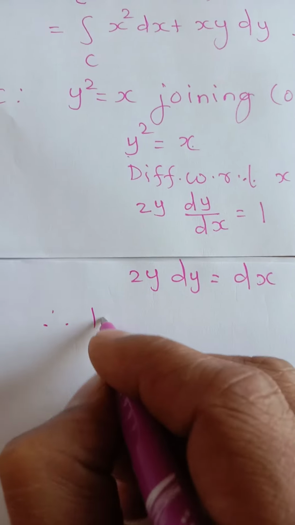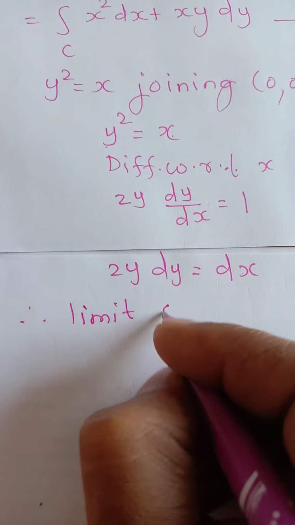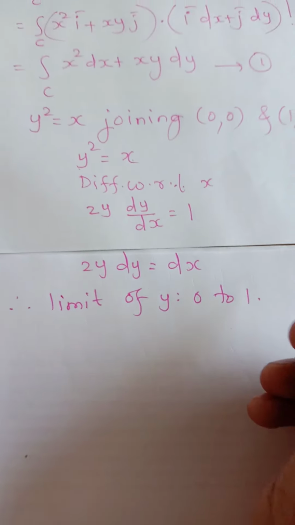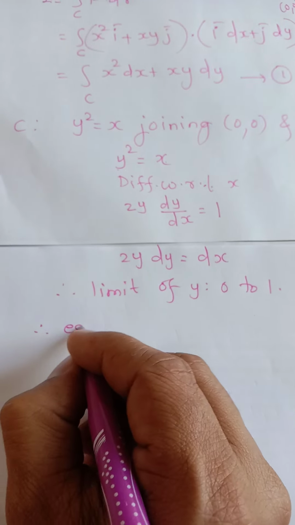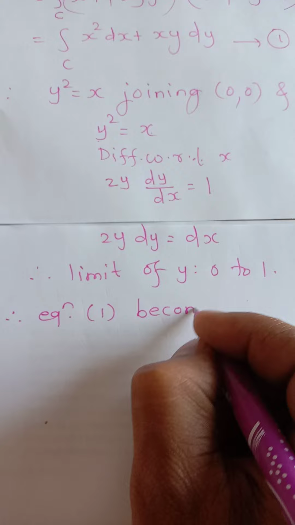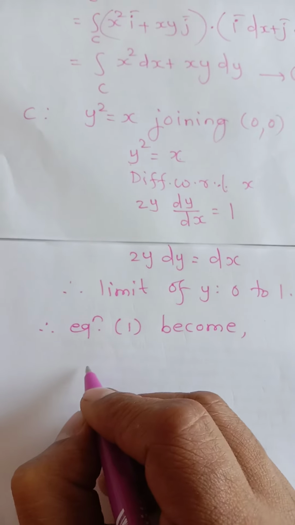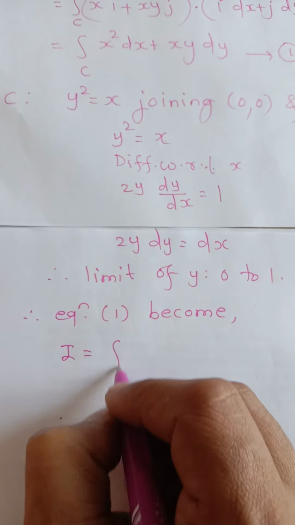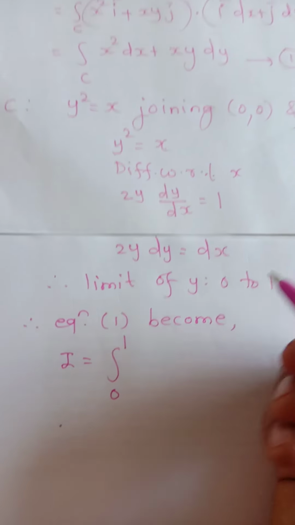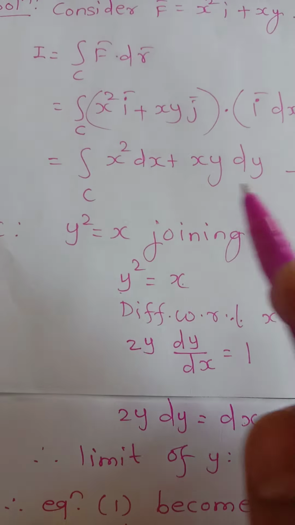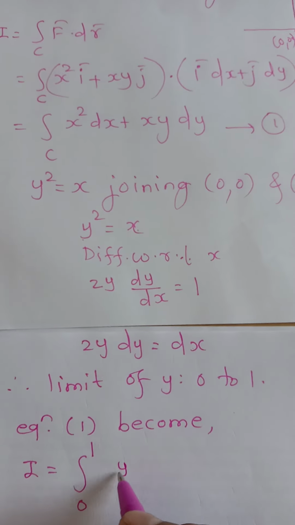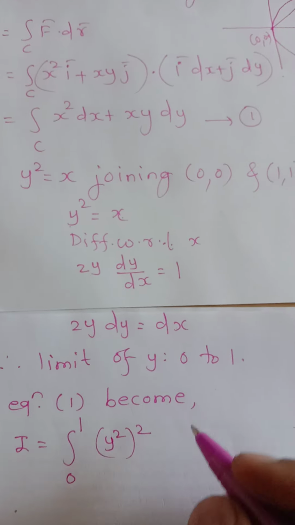So equation 1 becomes I is equal to the integration from 0 to 1; put x is equal to y square, so x square means y to the power 4.